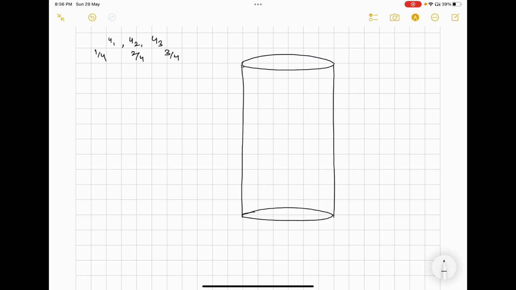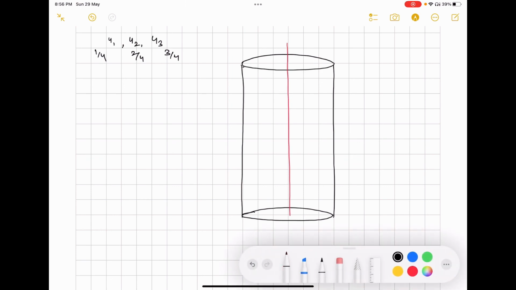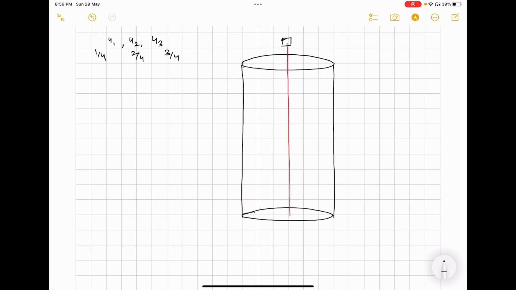Okay, now we have the axis in middle and let us symbolize the four-fold screw axis. Okay, so this is your four-fold screw axis.